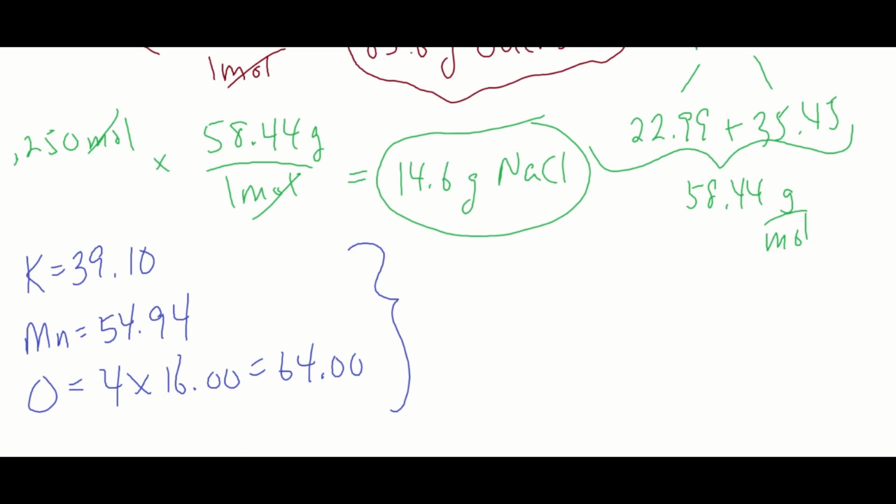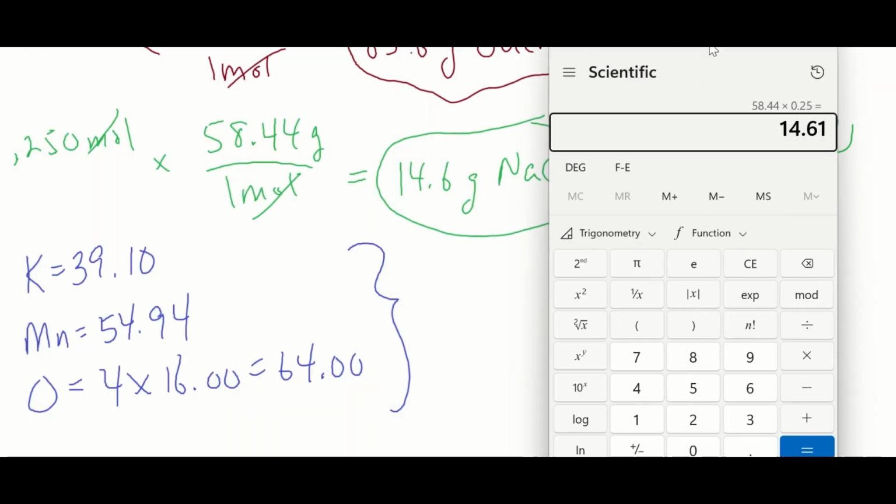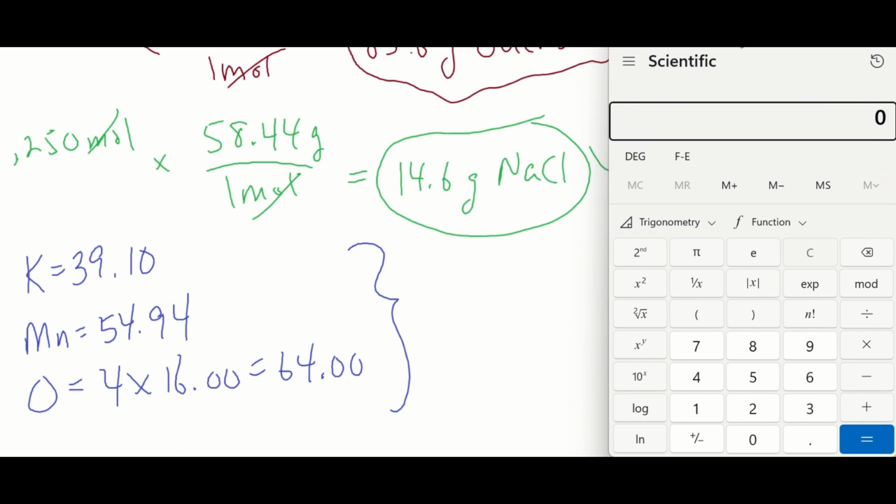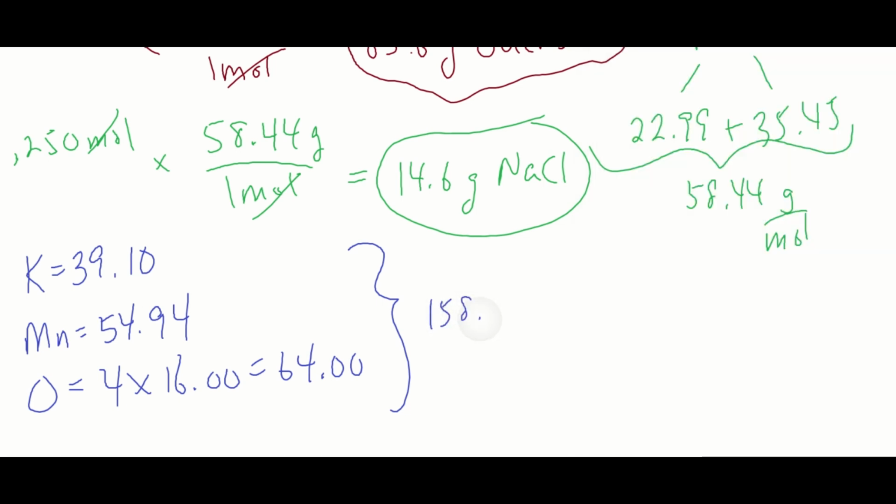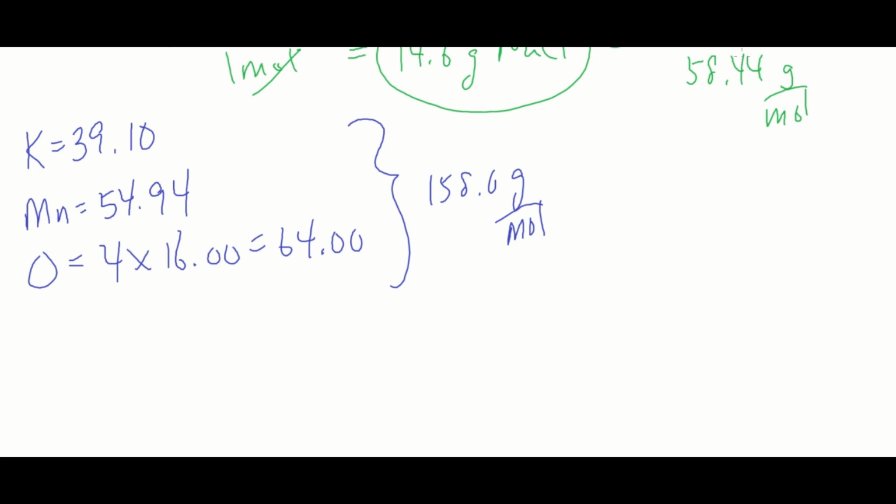All right, let's add these up. So the molar mass of potassium permanganate is 158 grams per mole. We'll use that as our conversion factor for the final part here.